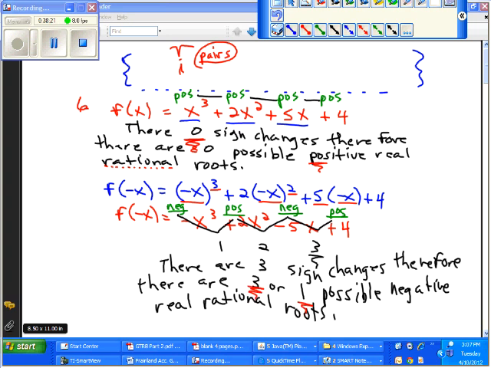There are 3 or 1 possible negative real rational roots.